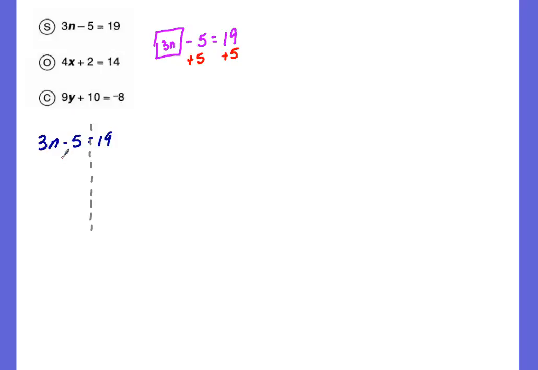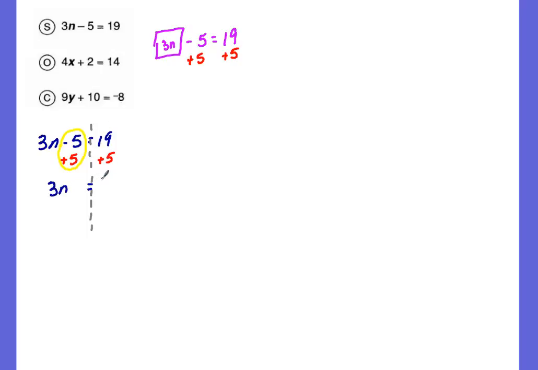Since 5 is being taken away, we would add 5 to both sides. Remember, the reflection line tells us whatever you do to one side, be sure you do it to the other. So these would cancel out. The minus 5 and the plus 5 would cancel each other and would leave us with 3n.